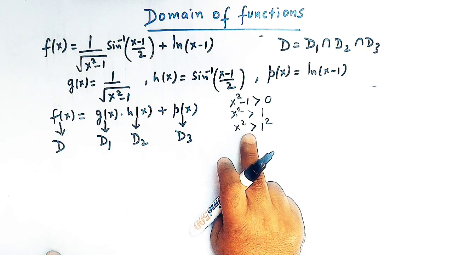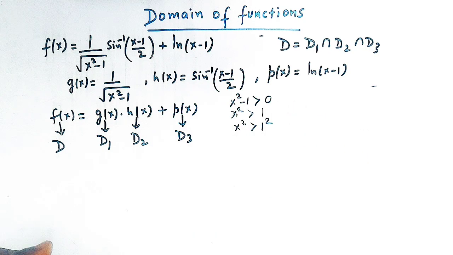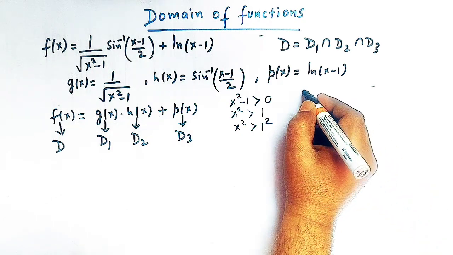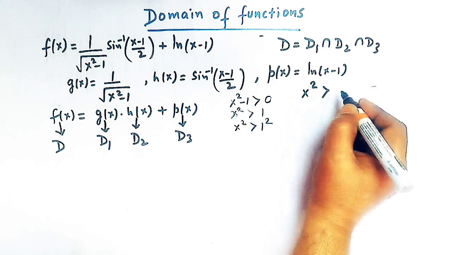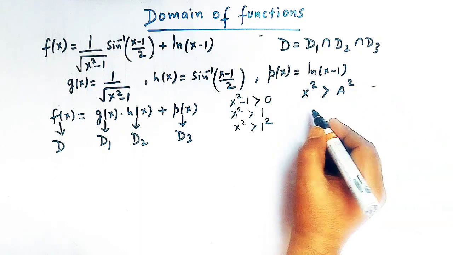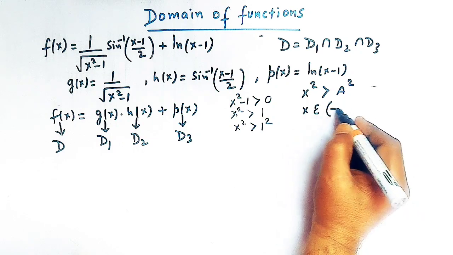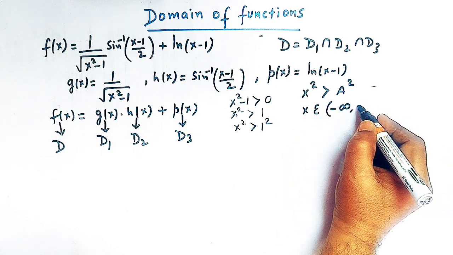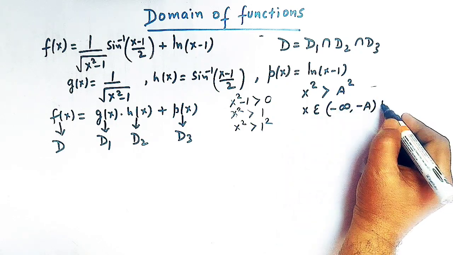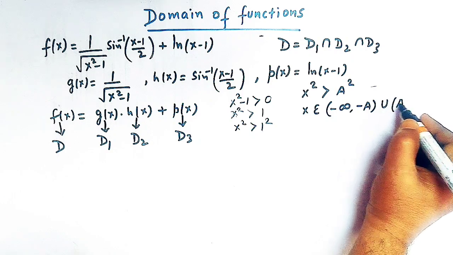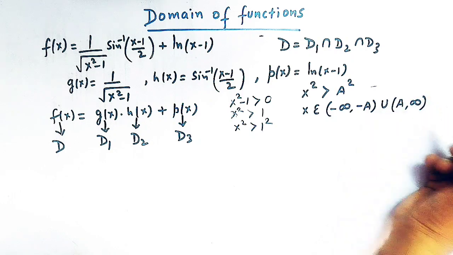So now we have to find all the values of x which satisfies this inequality. So here we'll make use of an important result, and the result goes like this. If we have say x square greater than a square, then the value of x belongs to this interval, that is minus infinity to minus a union a to infinity, right?